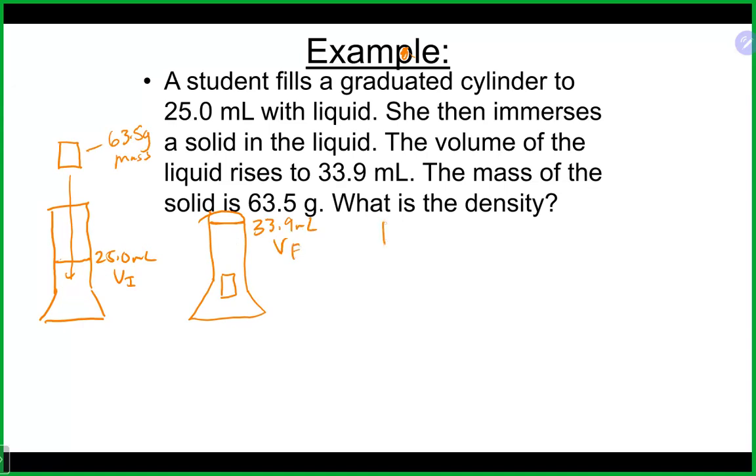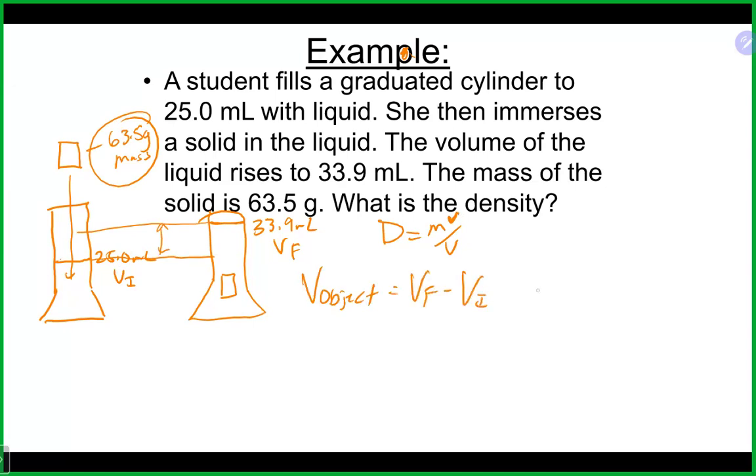So we are looking for the density, which is mass divided by volume. We obviously have the mass right off the bat given to us. We do need to find our volume through this displacement. So remember that the volume of this object is going to be the difference between those two volumes. So the volume of the object is going to be our final volume minus our initial.